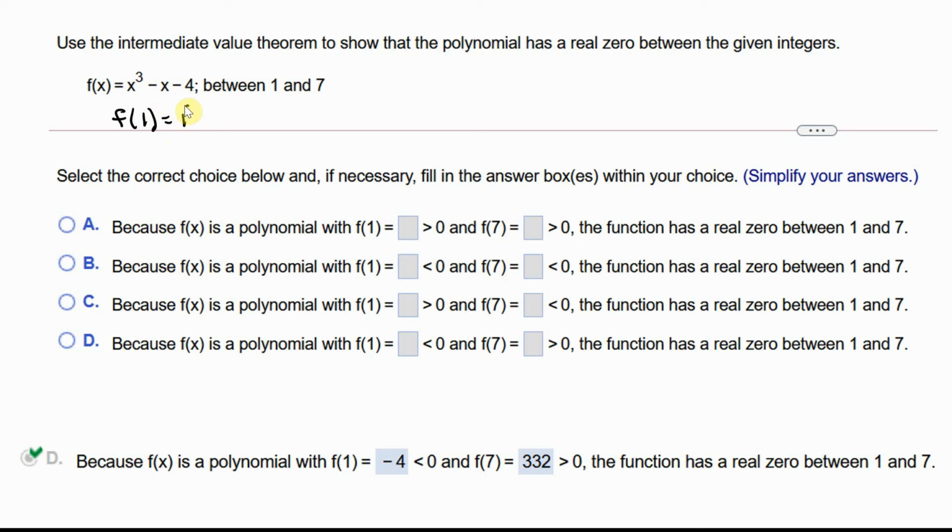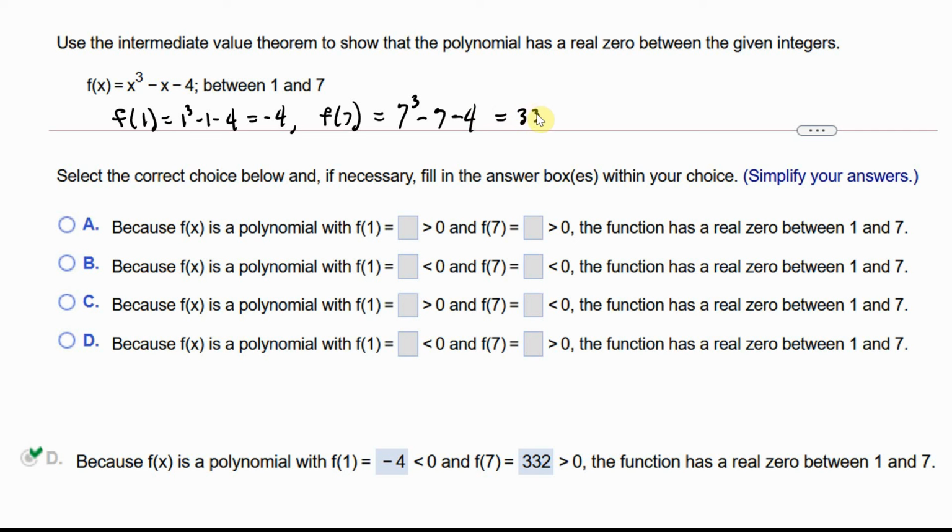So this is 1 to the third minus 1 minus 4. So this is 1 minus 1 minus 4, which is negative 4. Now find f of 7. So this is 7 to the third minus 7 minus 4.